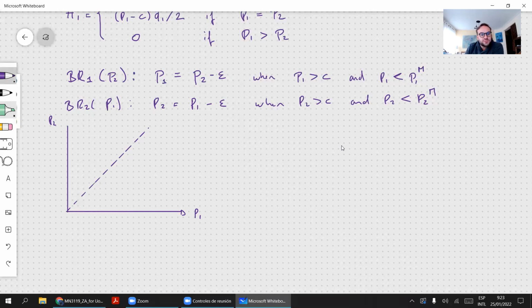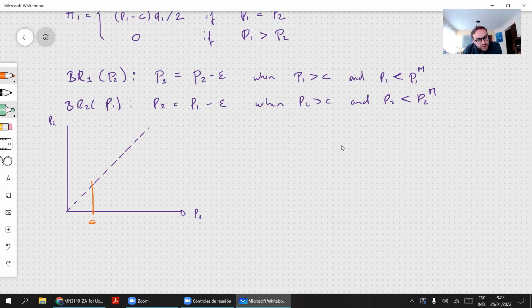So if I draw the best response function of firm 1, what do I know? I know that there is a minimum, right? So I'm never going to ask for a price that is lesser than this. And then after that, my price is going to be a bit smaller than the price set by the other one.